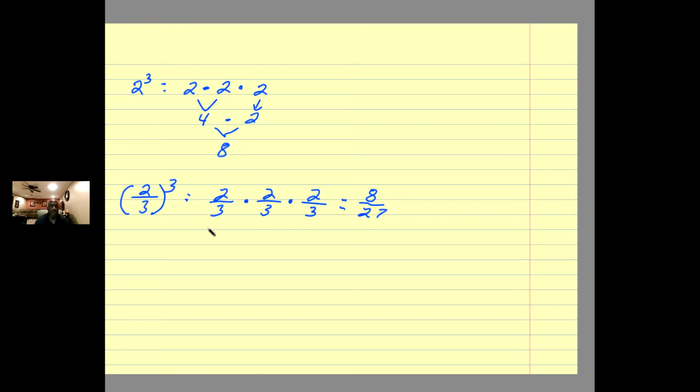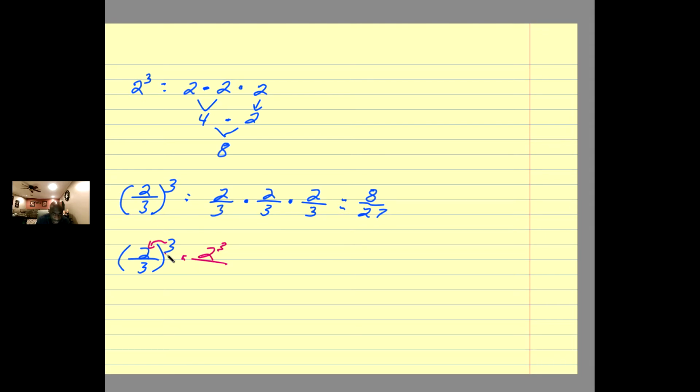But I also want you to look at it like this. For some of you, this may be easier, and others will prefer the method I just did. If this is raised to the third power, I want you to understand that the 2 is raised to that third power. So there's an exponent right there. It will look like this, 2 to the third power.